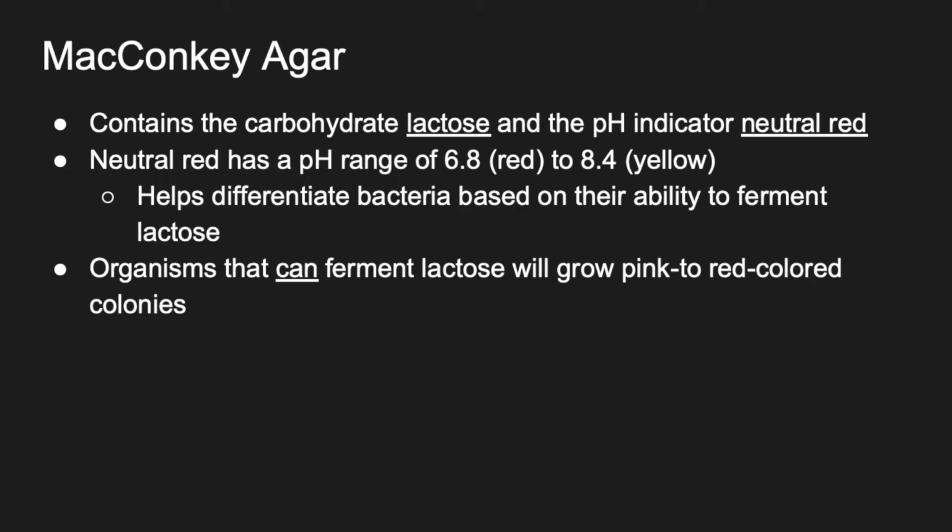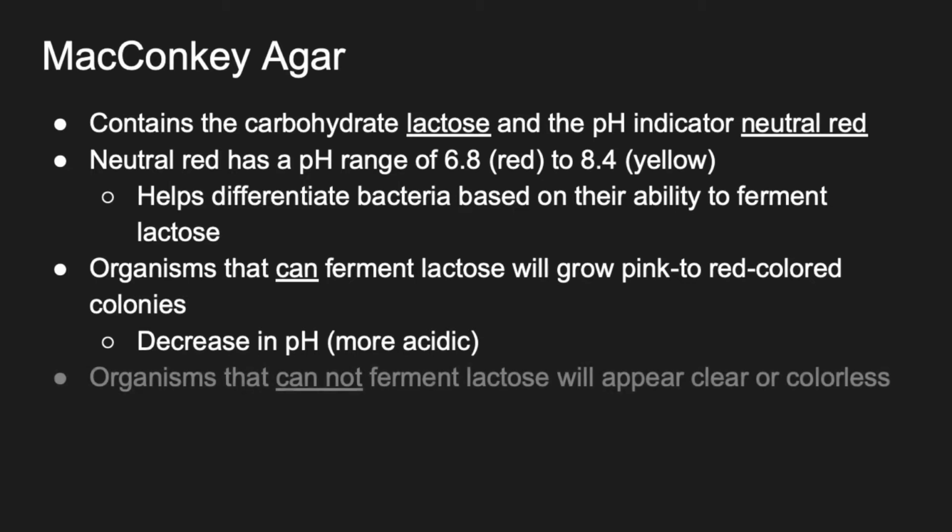Organisms that can ferment lactose will grow pink to red colored colonies on the MacConkey agar. This is because of a decrease in the pH. The environment becomes more acidic. Once lactose is being broken down, it's creating different acids that decrease the pH.